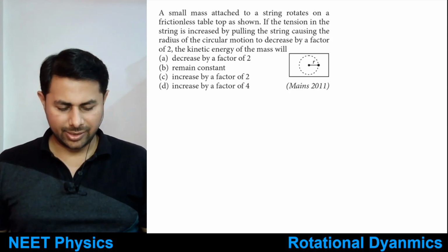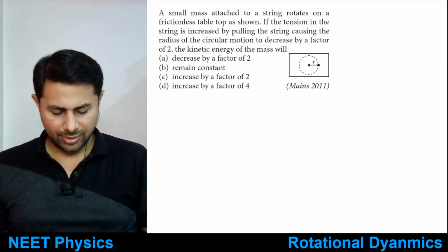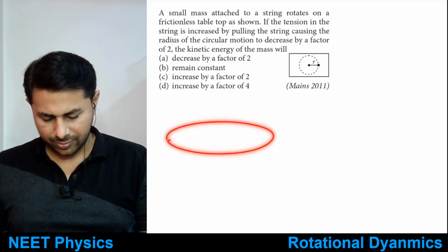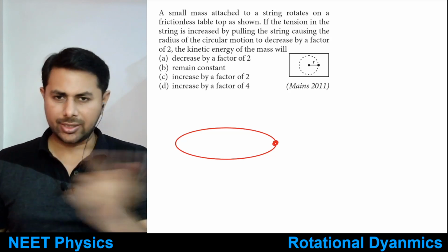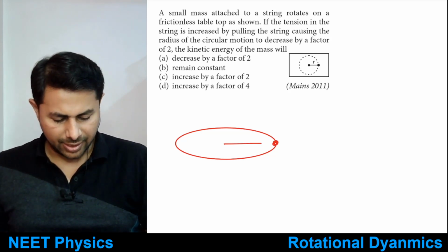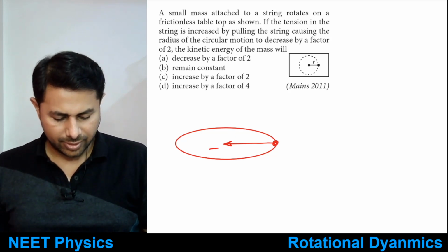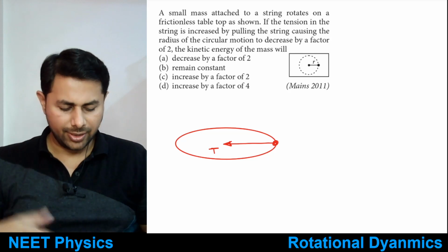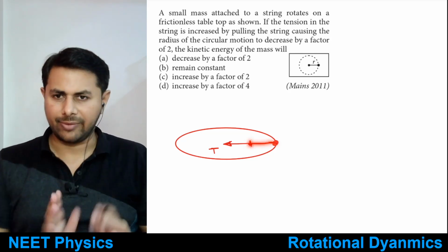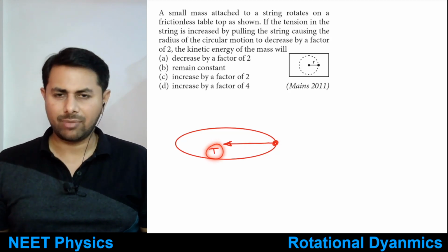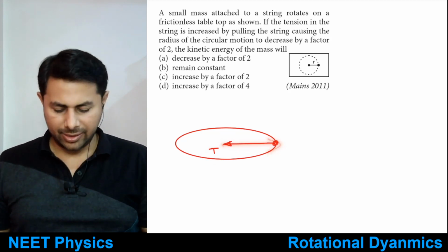So see here, you are pulling the string. Suppose this mass is moving in a circle and you are pulling the string and decreasing the radius. So in what direction are you applying the force? This is the tension. You are pulling the string, so tension is increased and you are decreasing the radius. In what direction are you applying the force? In the radial direction. So if I take the radius vector, it will be directed like this.